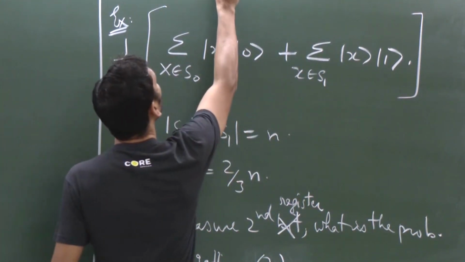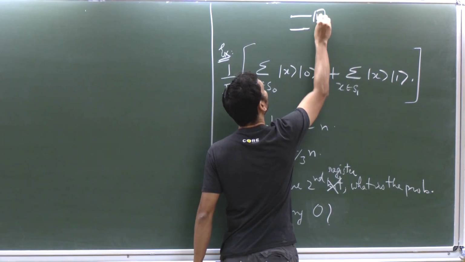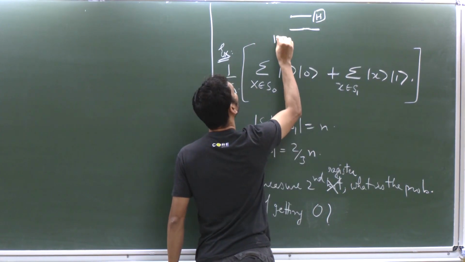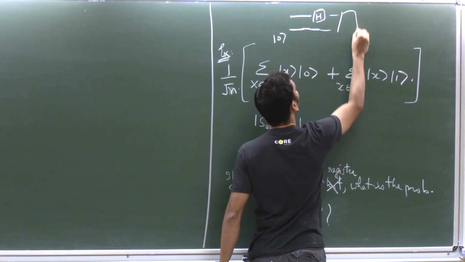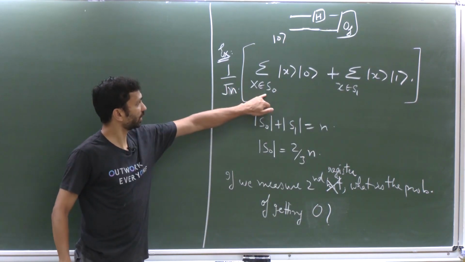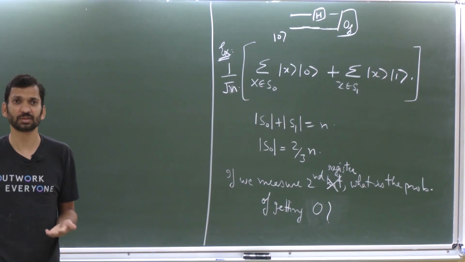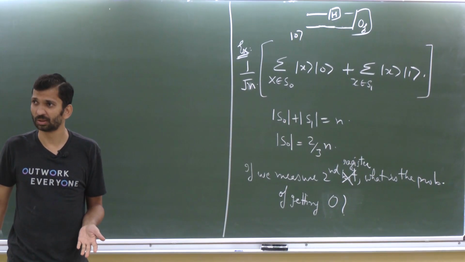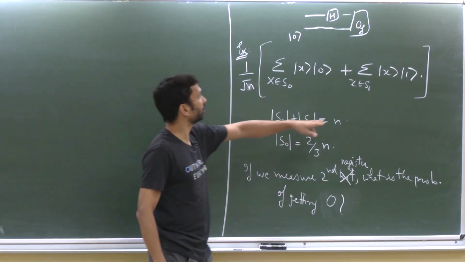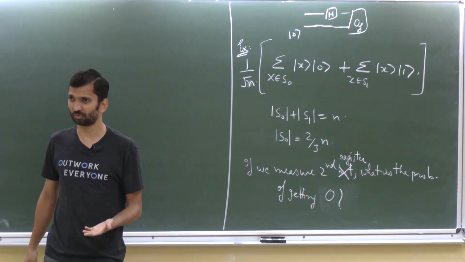So let's say you have Hadamard on state 0, you apply the oracle. S0 is the set of values for which the function value is 0, and S1 is the set of values for which the function value is 1.